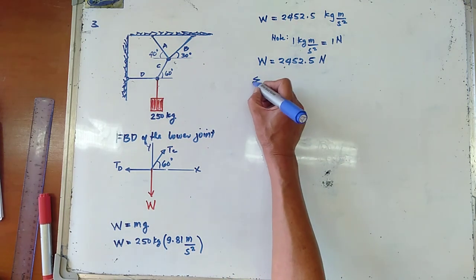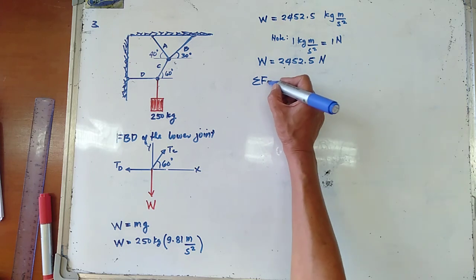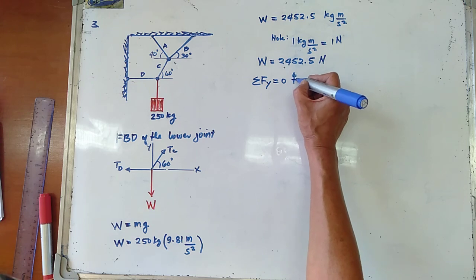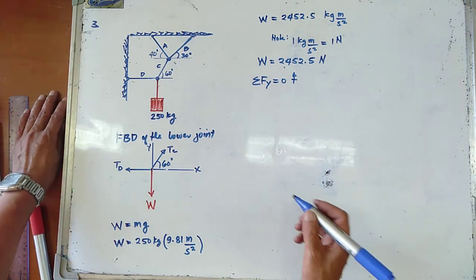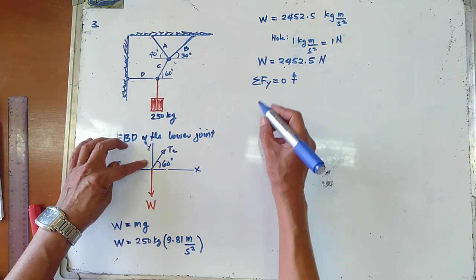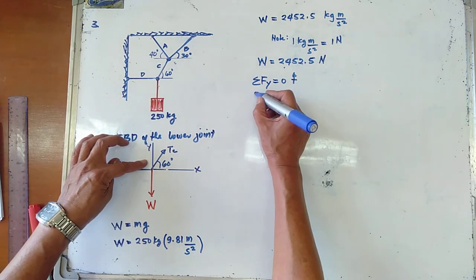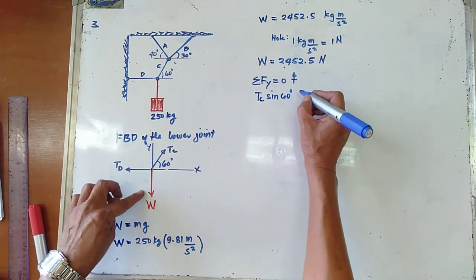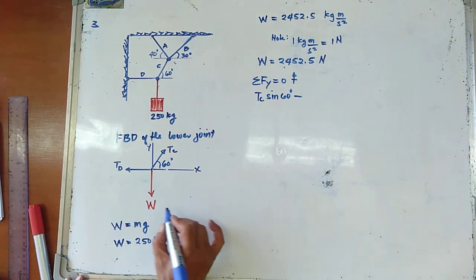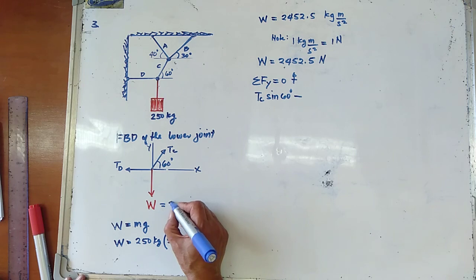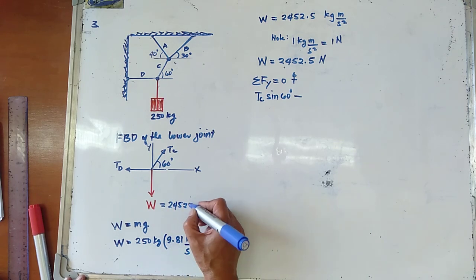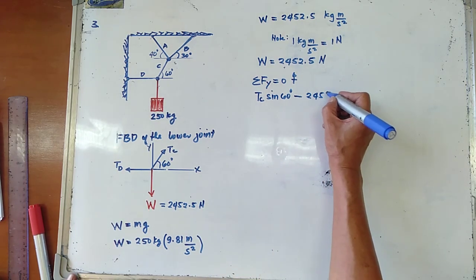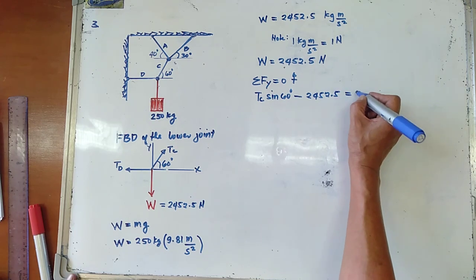Now, if you take the summation of forces along the y-axis equal to 0, upward forces positive, we have the y component of TC going up: TC sine of 60 degrees, minus your W, which is 2452.5 newtons, equals 0.